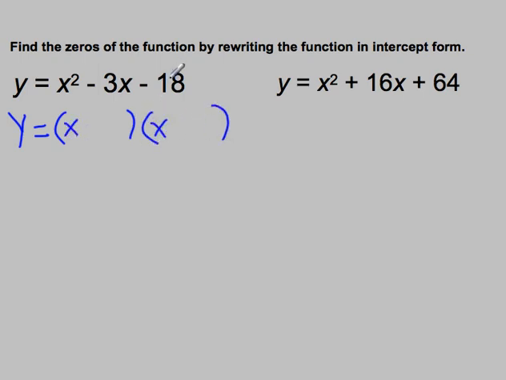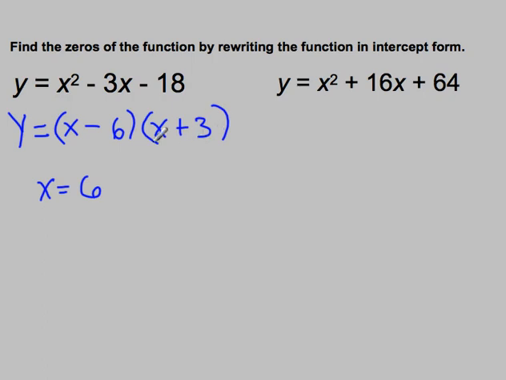Factors of 18, that'll give us negative 3. That's going to be negative 6 and positive 3. Negative 6 plus 3 gives us the negative 3 in the middle. Negative 6 times positive 3 gives us the negative 18 at the end. So the zeros here, just like if we were solving these, if x minus 6 equals 0, then x would be 6.